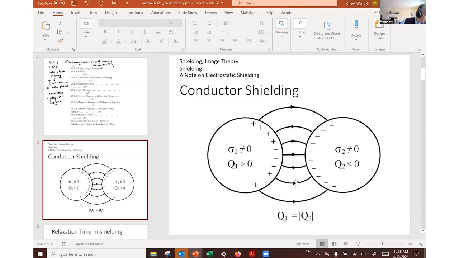I guess the figure is a little bit distorted. It looks a little bit better when it was printed out.